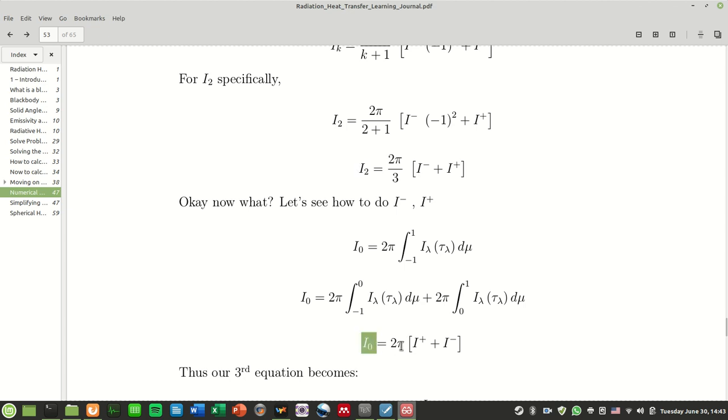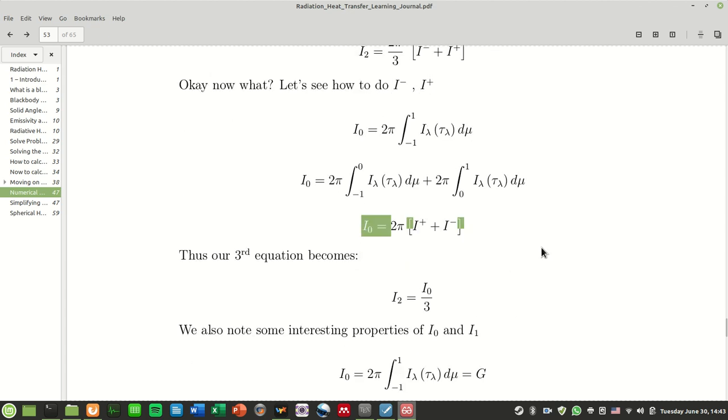I mean, provided we have some sort of factor, so we can make I plus and I minus the subject. So I minus and I plus equals I2 over 2 pi over 3, and then I plus and I minus added together will be I0 over 2 pi.